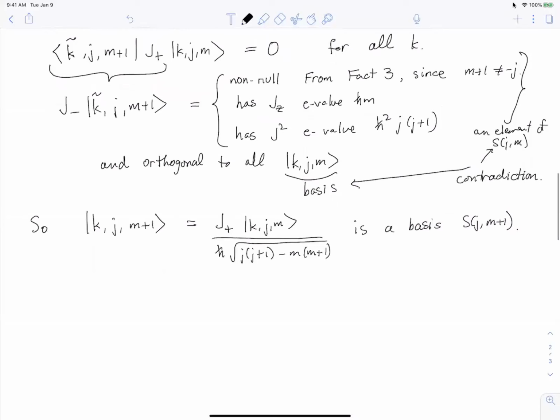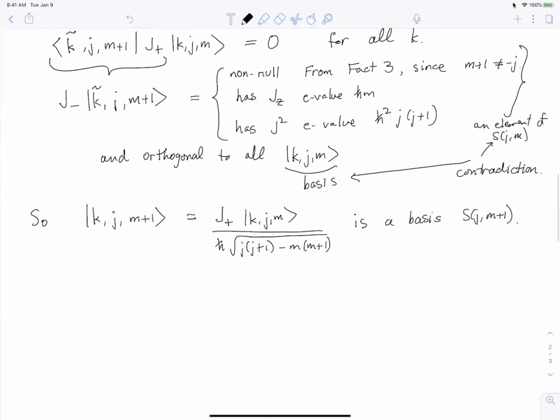Notice that these have the same k labels for the different subspaces. So we have the same k labels for the states k, j, m plus 1 as for k, j, m.